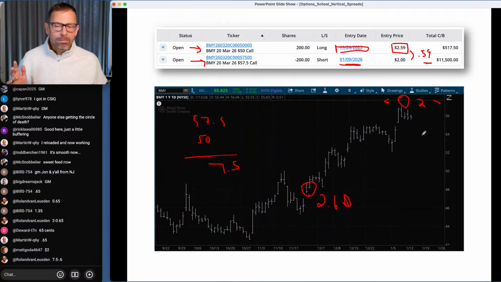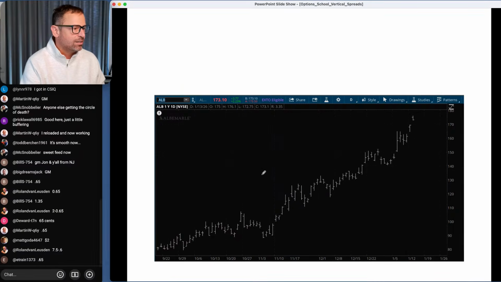The most that we can make is $750 per one lot. And that's making over 1,000% after managing the position like the trading savant I am. Does that make sense? Does it make sense why we want to use vertical spreads whenever we can?